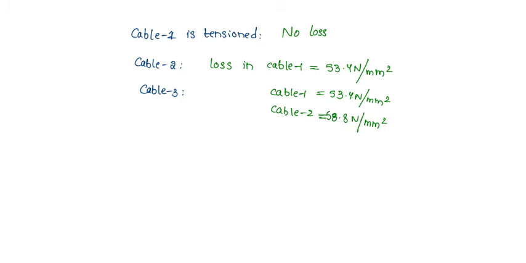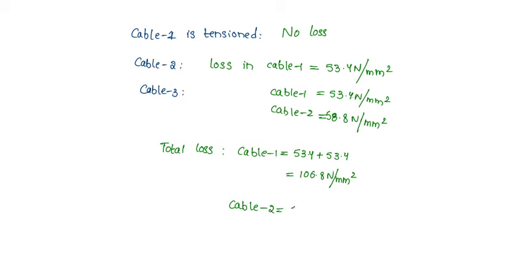So the total loss in cable 1 will be 53.4 plus 53.4, which is equal to 106.8 Newton per mm square. Whereas in cable 2 it is 58.8 Newton per mm square, and in cable 3 there is no loss.